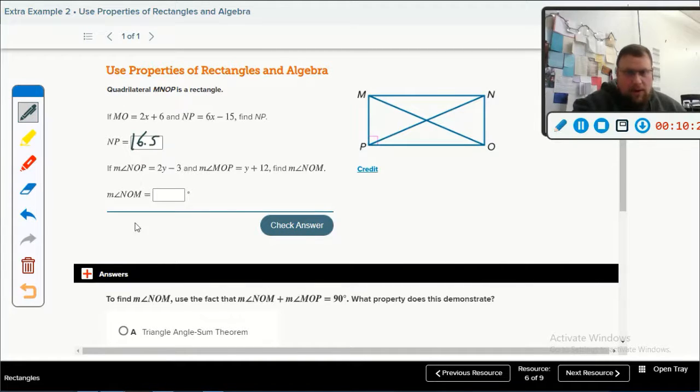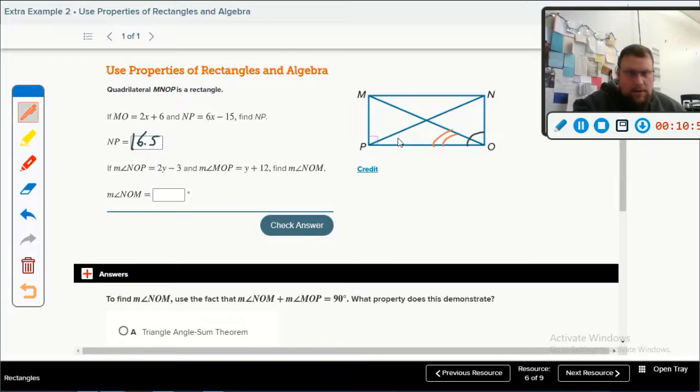What do I have over here? The measure of angle NOP. Let's see, NOP is 2y minus 3, and MOP is y plus 12.